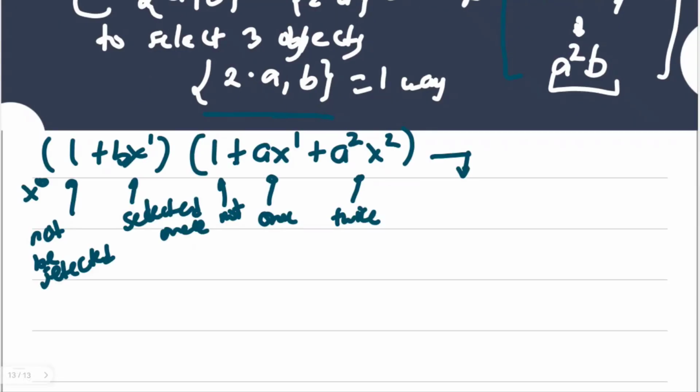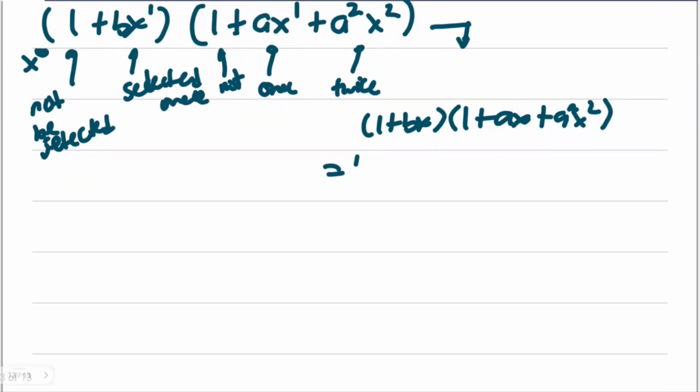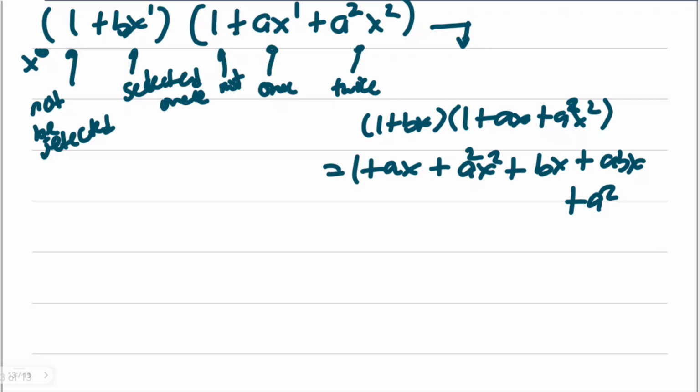So you have here 1 plus bx, times 1 plus ax plus a squared x squared. By distributive property, you have 1 times 1 is 1, 1 times ax is ax, 1 times a squared x squared is a squared x squared. Next, you will have here plus bx plus abx squared and plus a squared bx cubed.